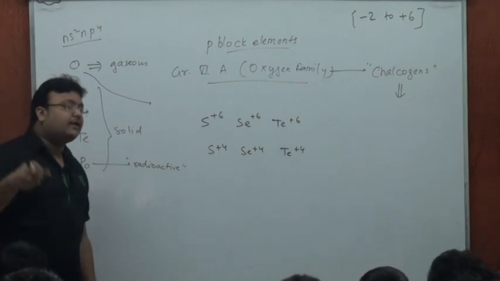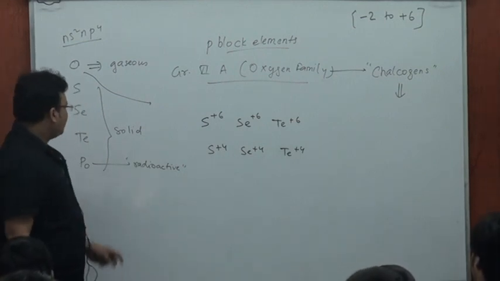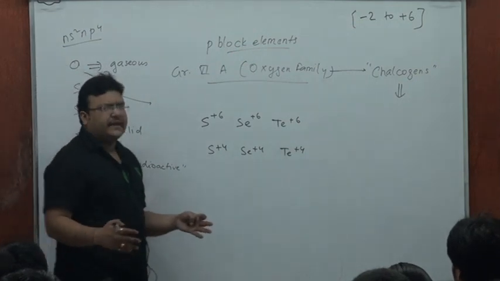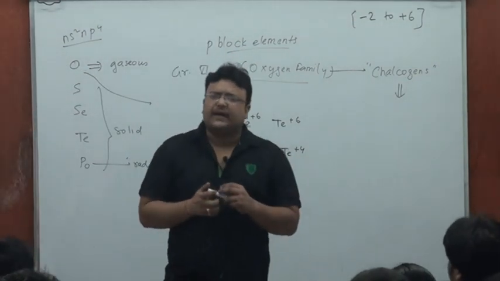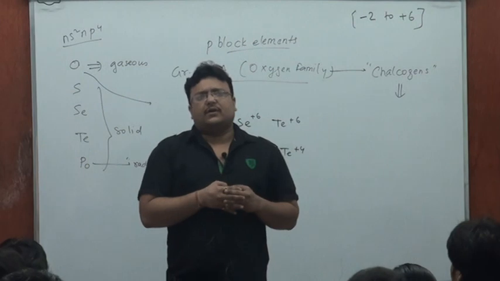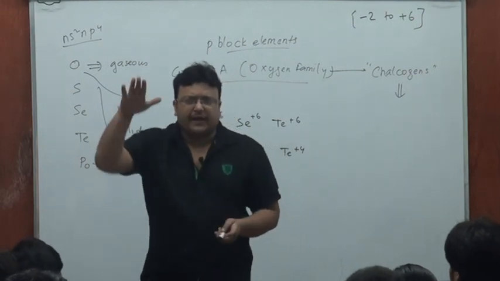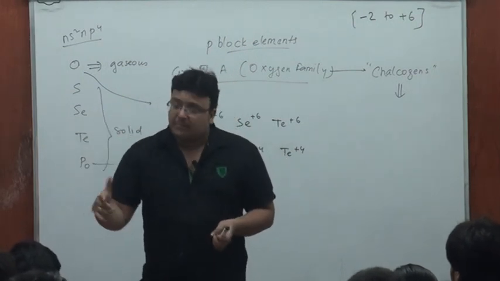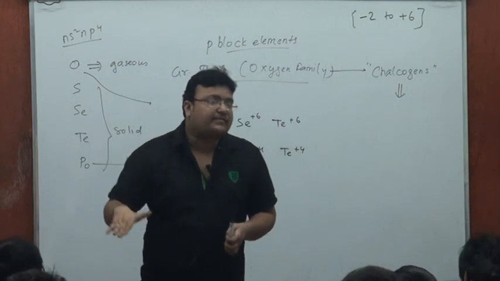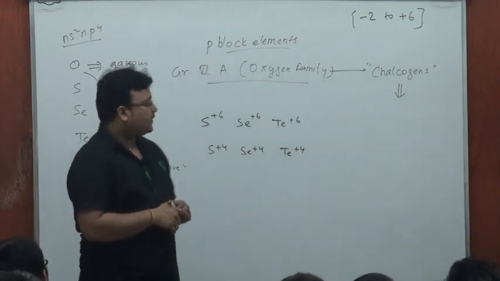It's because of the inertness of the s electrons, you know that. And by the end of the discussion, we had concluded that the easiest way to remember it is, moving down, the lower state will become more stable.